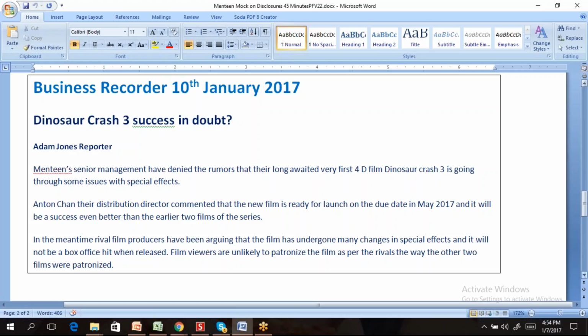Now you can see there are a couple of things, even though the examiner has not asked as part of the question. One thing is Anton Chan's comments to the paper. If he has commented, the papers also sometimes can distort, they can manufacture articles. But if he has commented saying that the film is ready for launch and that it is going to be a success even better than the other two films, it's an outright lie.